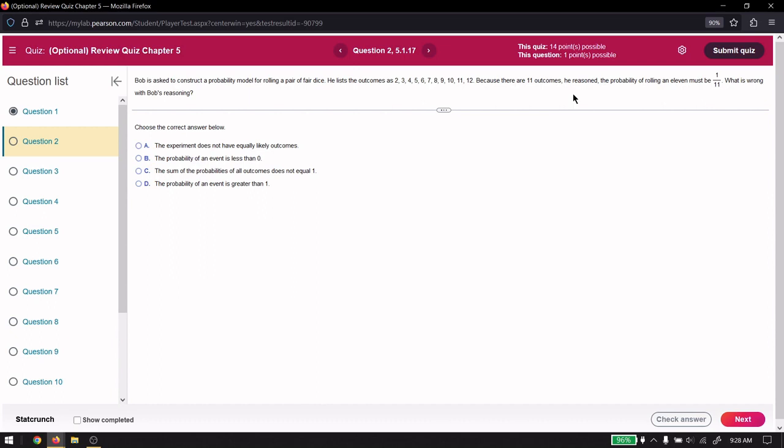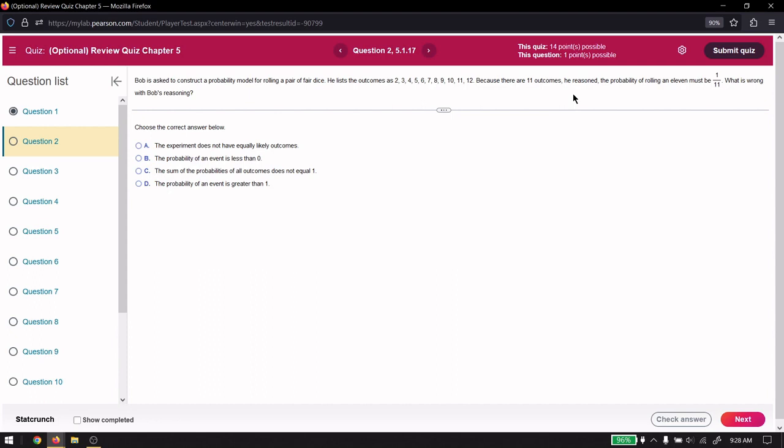And this should be somewhat obvious if you know how dice work, right? A 7 in a dice roll is the most likely outcome. It's because you can get 1 and 6 on the two dice. You can get 2 and 5, 3 and 4, 4 and 3, 5 and 2, and 6 and 1. There's lots and lots of ways to get 7.